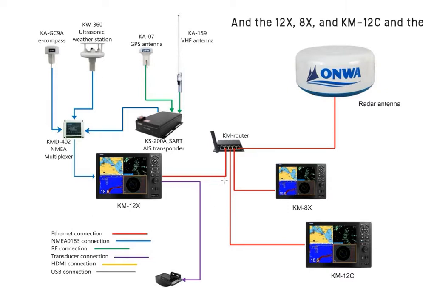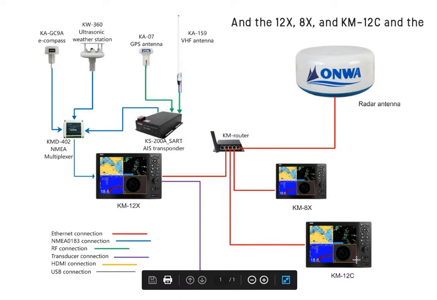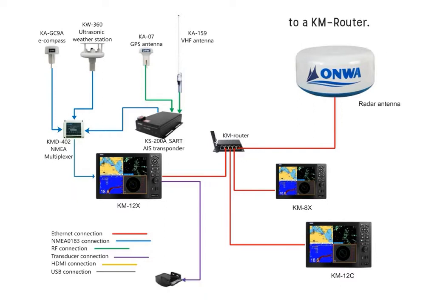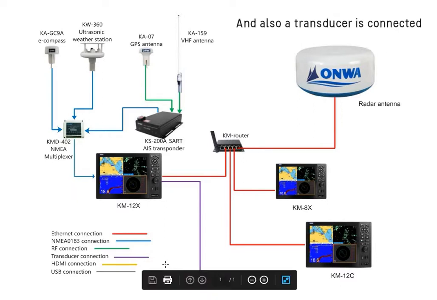And the 12X, 8X, and the KM12C are connected together, and the radio antenna is connected to a KM router, and also a transducer is connected to the KM12X.